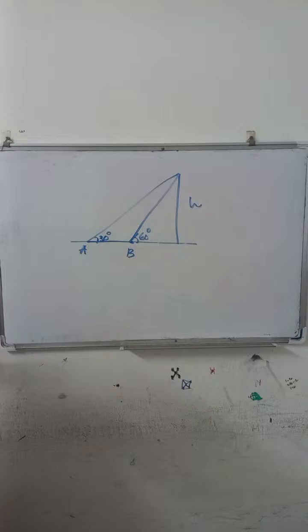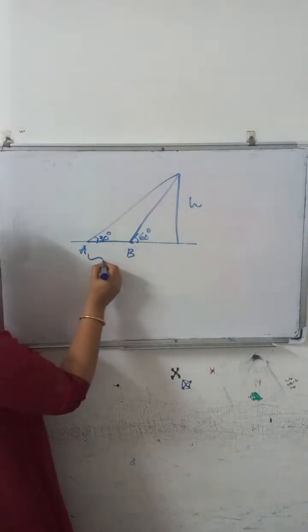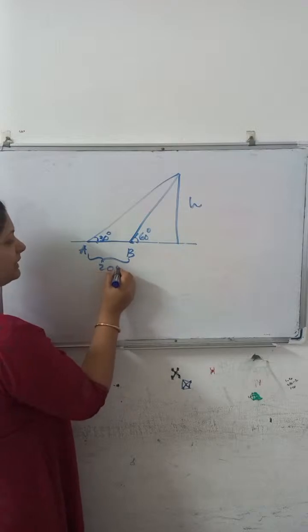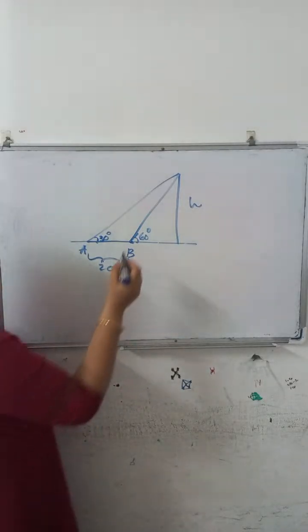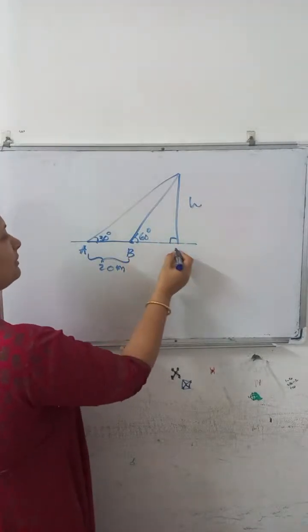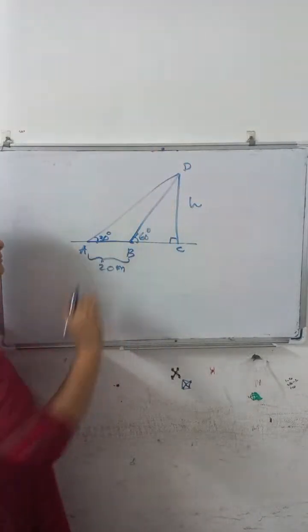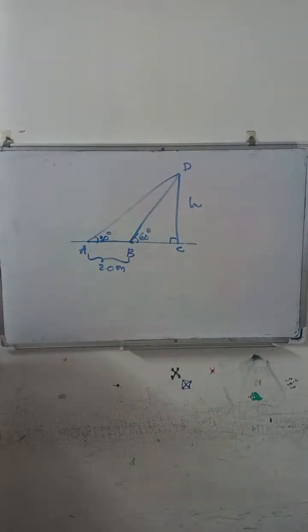Moving a distance of 20. Okay. This A to B distance is also given as 20 meters. This is 90 degrees, this I am taking as B, then this is C and D. Getting up to here? So we are interested in the height of the tower.